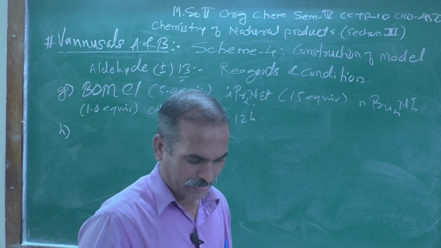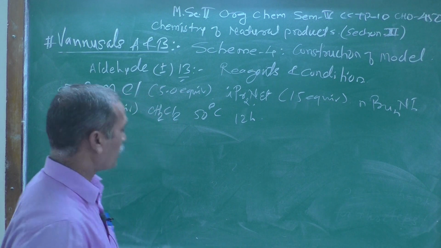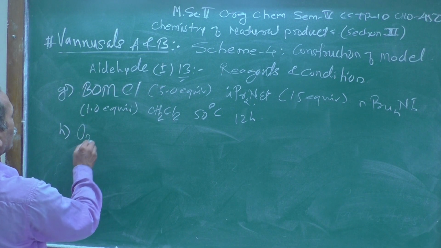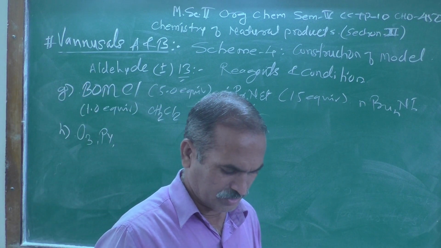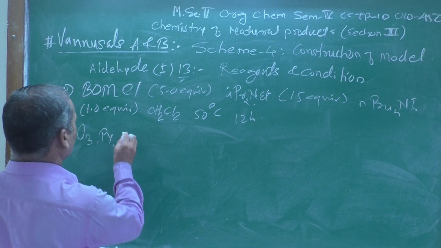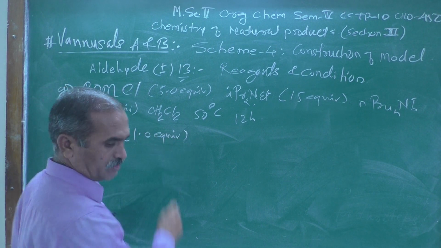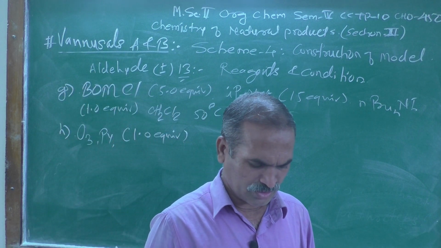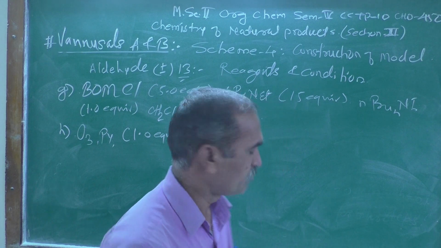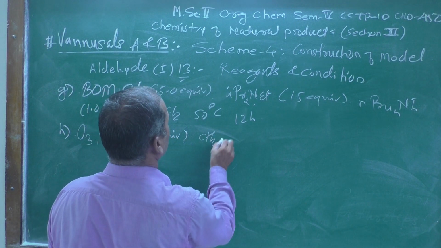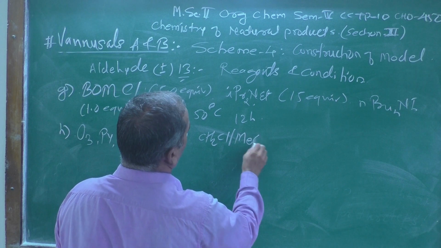The H reagent will be O3, pyridine used as a solvent, that is 1.0 equivalent, and solvent used is CH2Cl2 and methanol, MeOH.